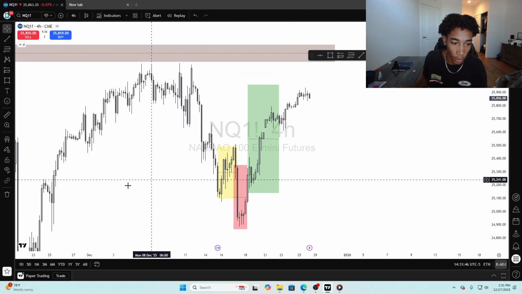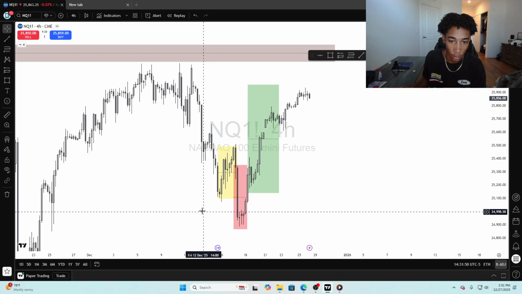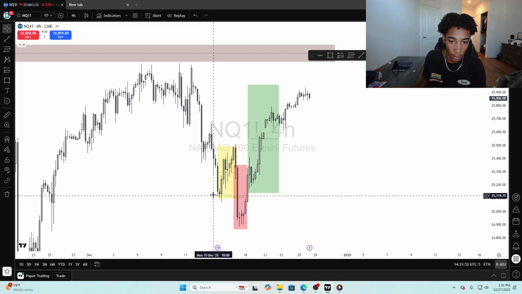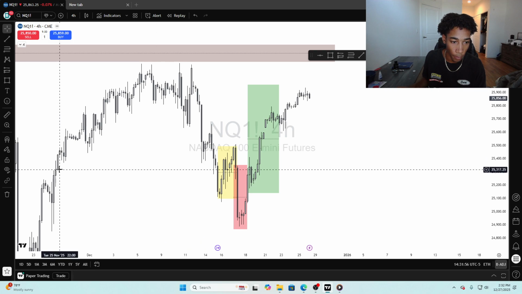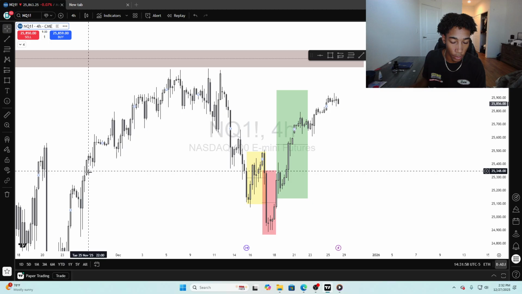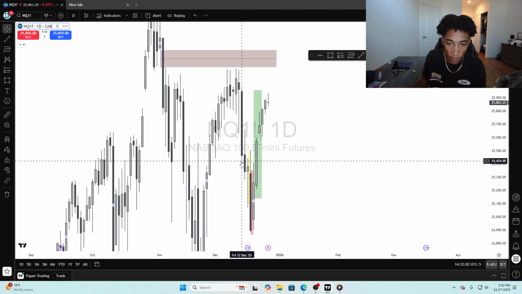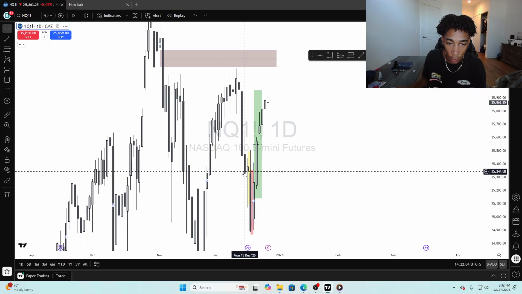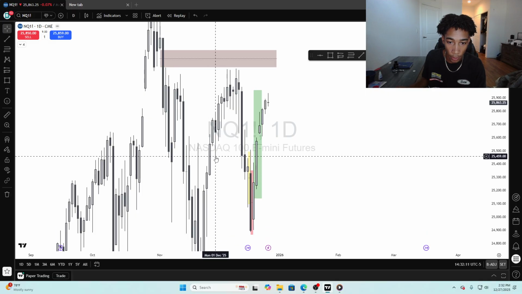That's why on Monday, after we swept out, where's Monday? We swept out these lows right here into this daily gap. There it is. Come down, we tap into this daily gap right here, and we sweep out this daily low.